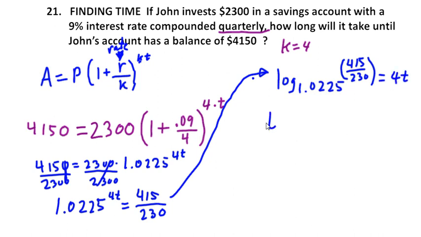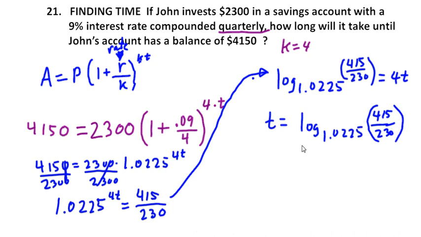And so t is going to be equal to log base 1.0225 of this quantity here, 415 over 230, over 4.